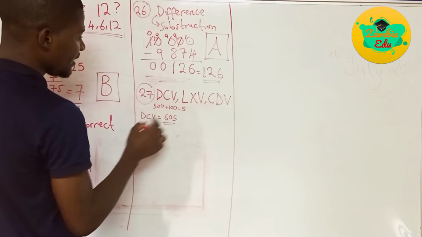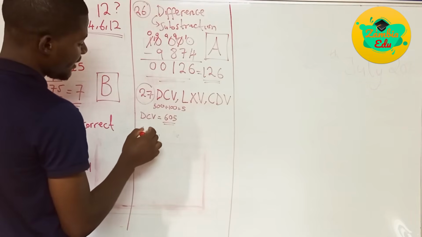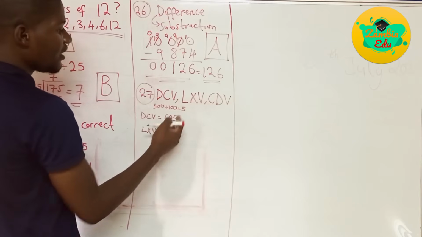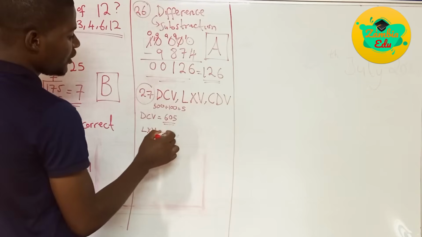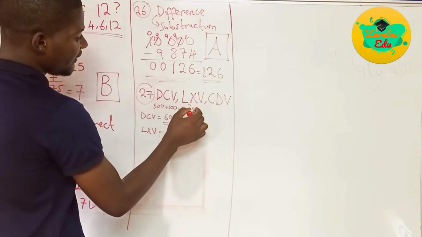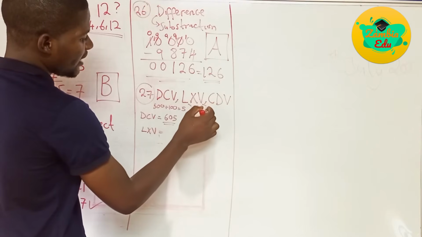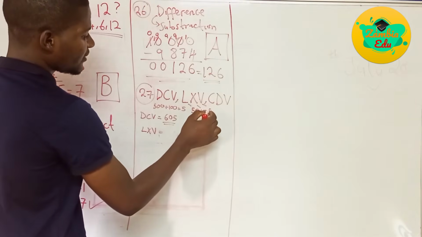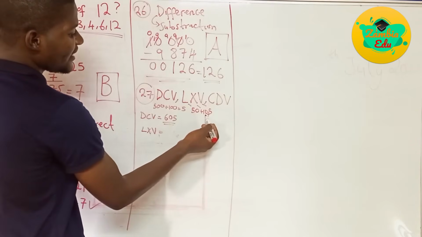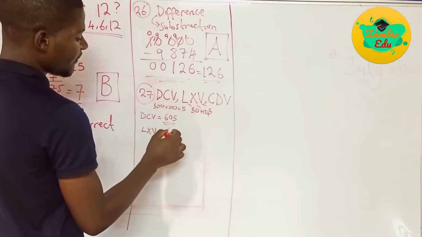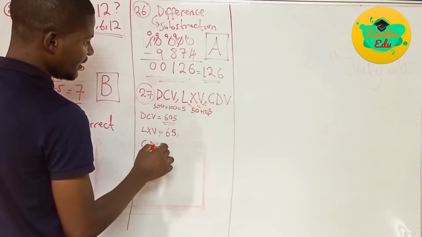Our next one is LXV. We know that our L is 50, our X is 10, and our V is 5. So we are looking at 50 plus 10, 60, plus 5, 65. And lastly, we have CDV.